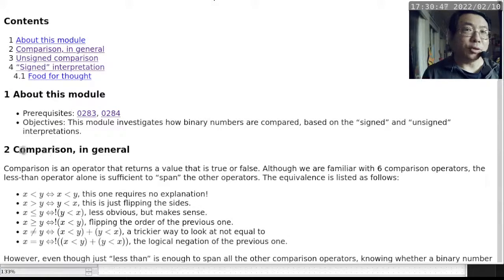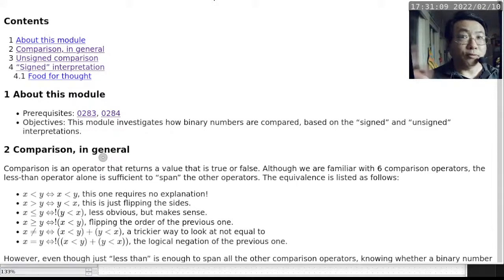The first part is in section 2. That's actually pretty useful and universal for this class, which is in order to see how two values compare, I really just need to know whether the first one is less than the second one, because everything else I can just use.